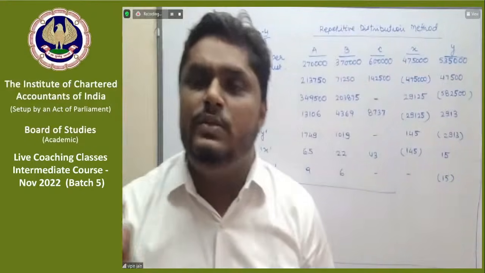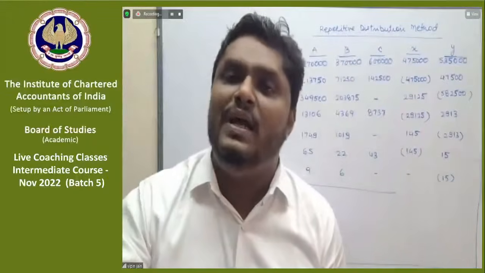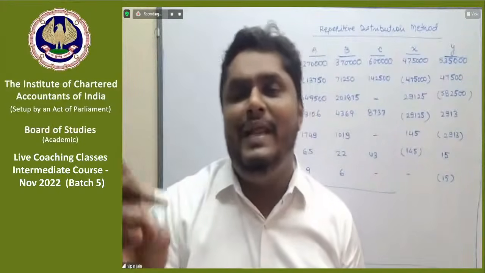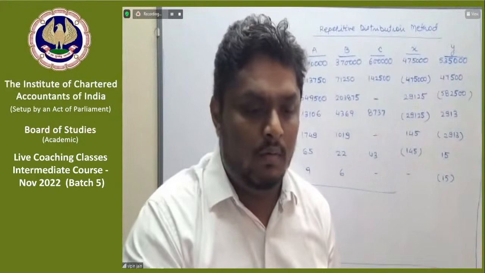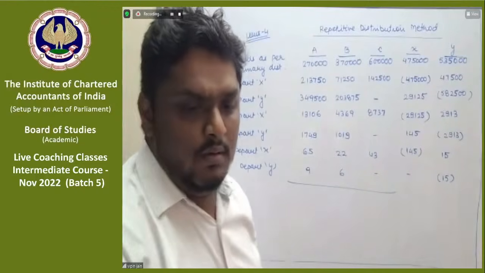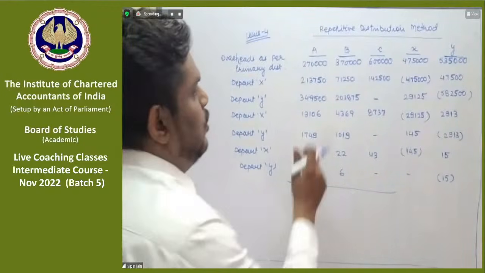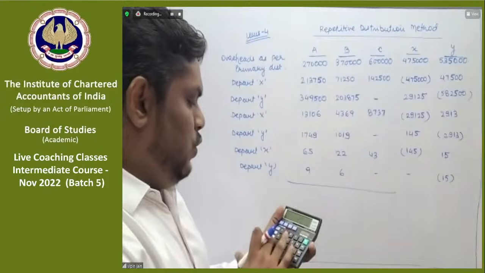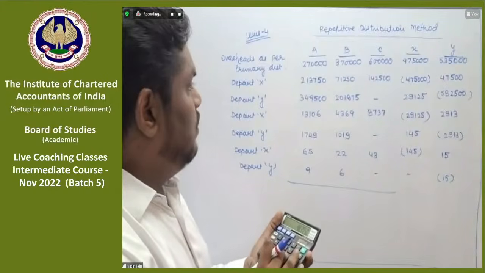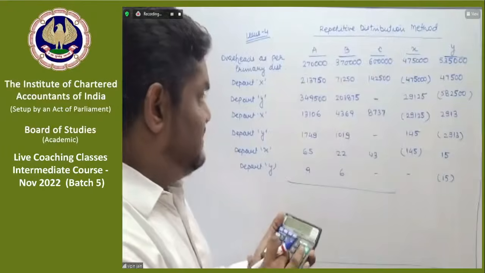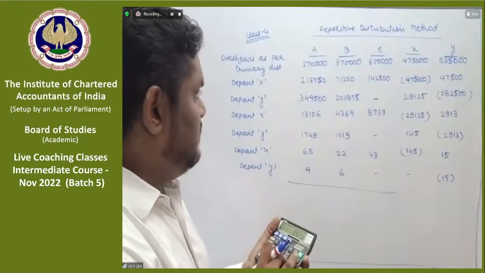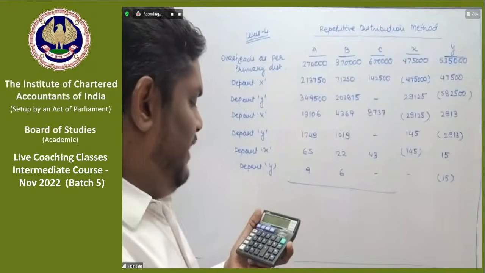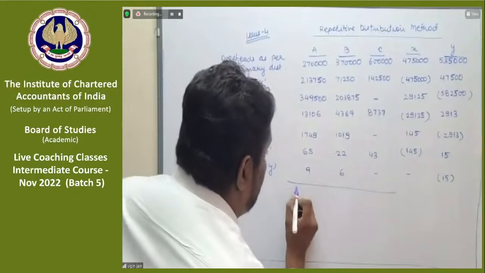I repeat again, this distribution has to be done until the final figure of the service department overheads is nearby 10 to 20 rupees. So now let's calculate the total. That is 2,70,000, 213,750, 349,500, 13,106, 1749, 65 and 9. So 848,179.